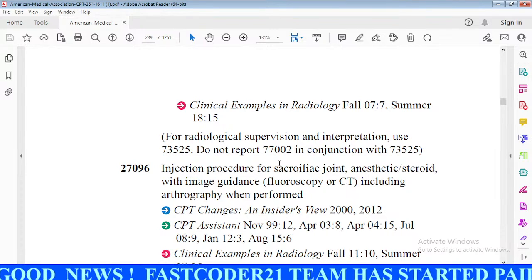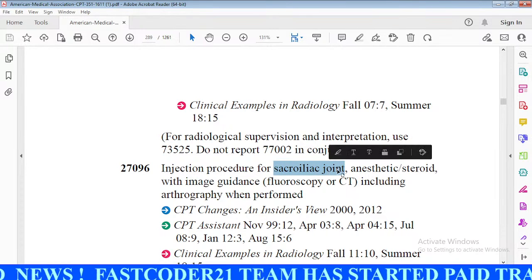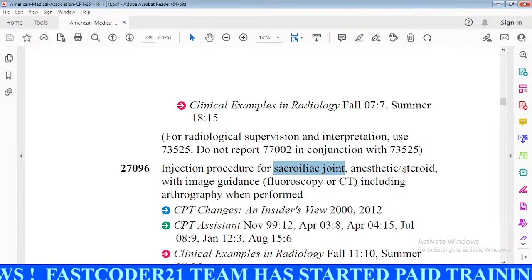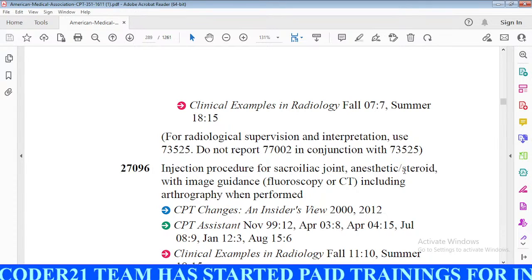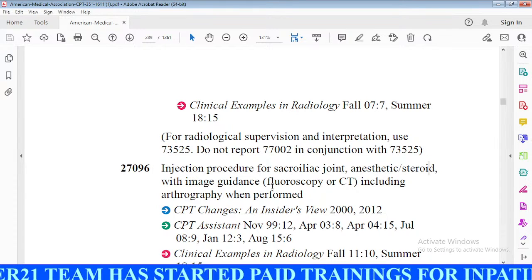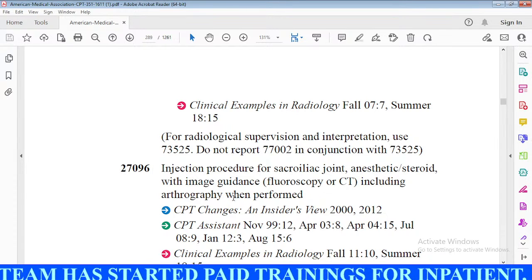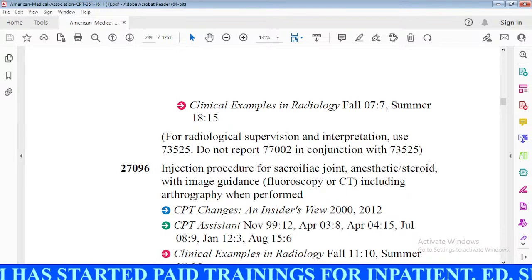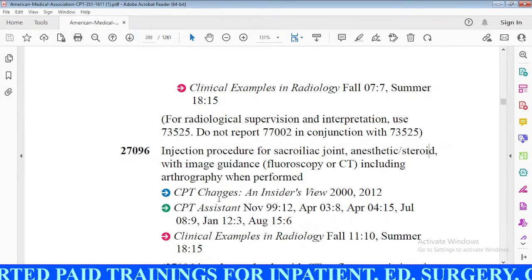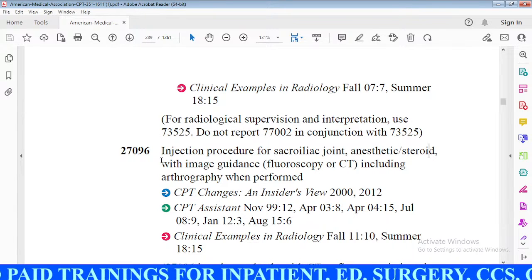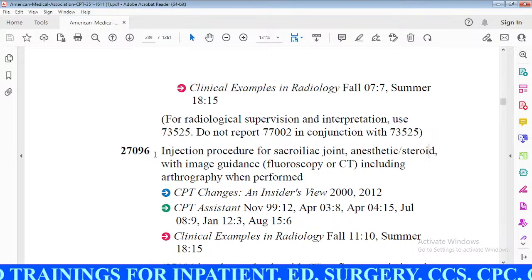So our location of the injection procedure is correct. Anesthetic or steroids, as I told you, the physician may use steroids in order to reduce the pain, with image guidance, fluoroscopy or CT, including arthrography when performed. Arthrography means it is like a recording of the joint. So half of the answer is correct here.